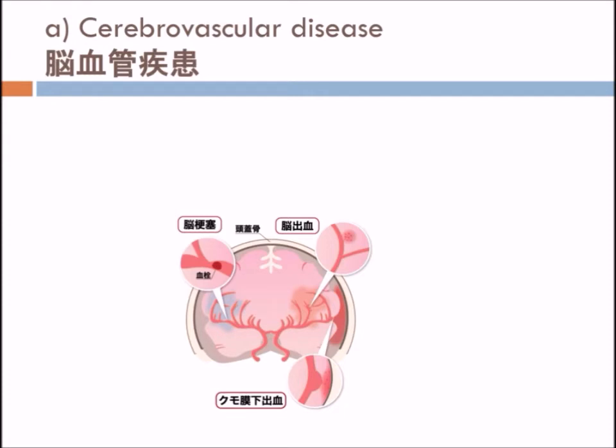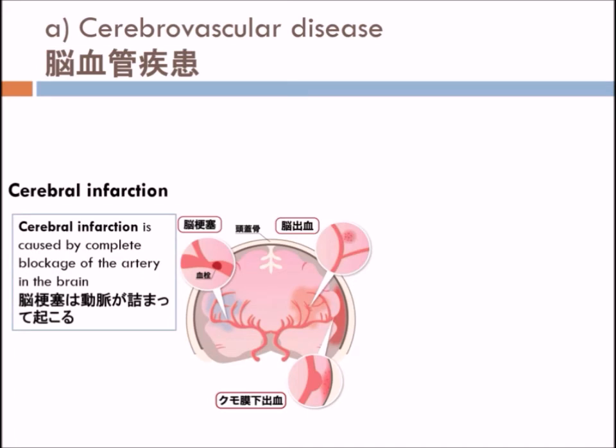It is caused by clogged or broken blood vessels and may result in various disabilities, depending on the region of the brain affected. Symptoms are headache, dizziness, nausea, vomiting, disturbance of consciousness, respiration disorder, disturbance of perception, etc.